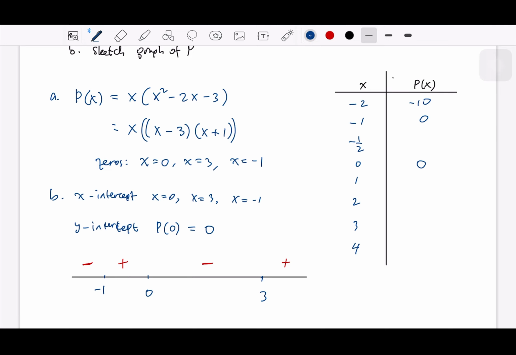That gives 7/8. At 0 it is 0, at 1 it is -4, at 2 it is -6, at 3 it is 0, and at 4, multiplied by 5, it's 20. Okay, so these are all the points that we need.